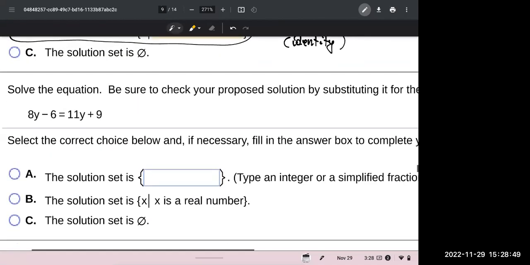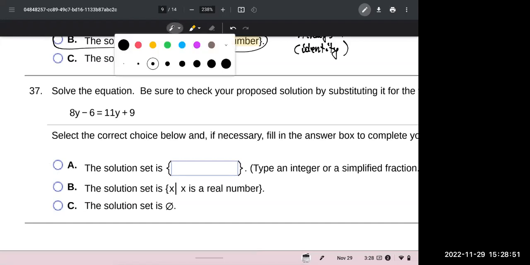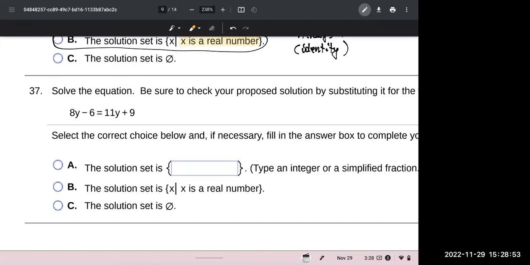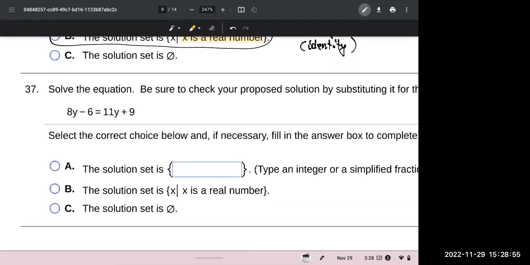Okay. 37, you need to solve the equation. So we have to solve for y. I need to isolate y on the left side by adding 6 to both sides. So you have 8y equal 11y plus 9 plus 6 will give you 15.